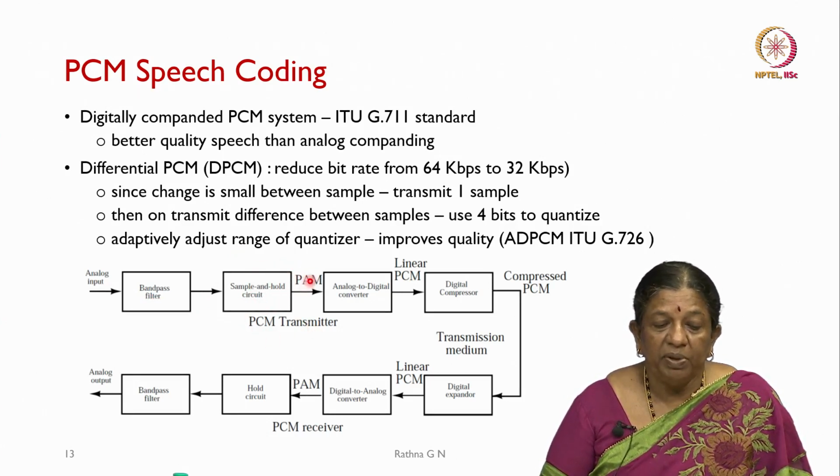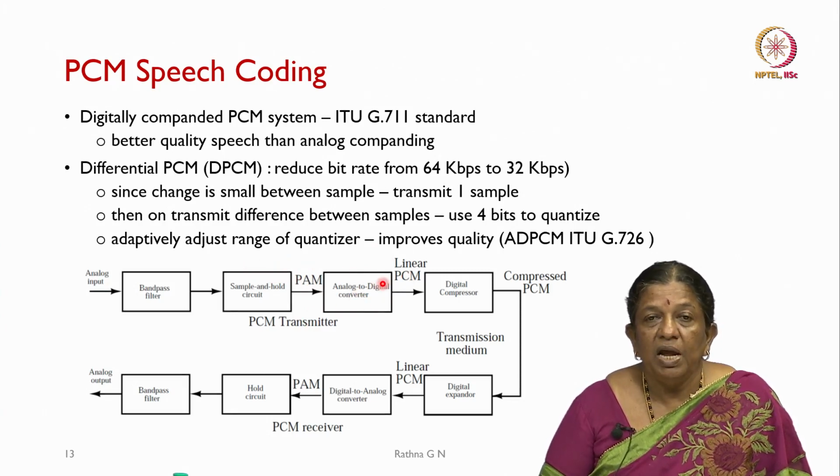So, again a PAM, and then you will be converting analog to digital form, and we have the linear PCM taking the output, and we will use the digital compression here. This compressed PCM is going to be transmitted through the transmission medium. Then this is our receiver part, which is in the reverse direction, as you can see.